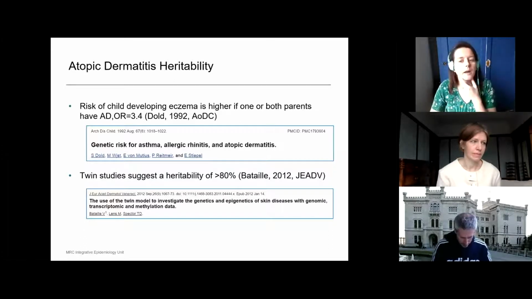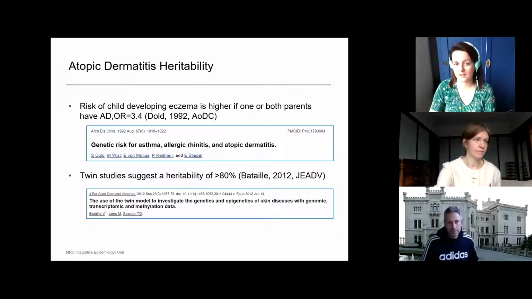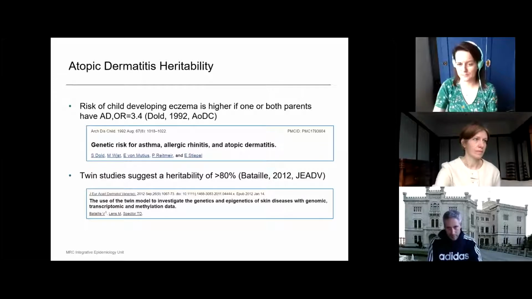One looked at your increased risk of eczema if one or both of your parents had the condition, and here we can see that you're over 3 times more likely to suffer from eczema if one or both of your parents have eczema. Similarly, twin studies have suggested that it's a really highly heritable condition, with more than 80% heritability.